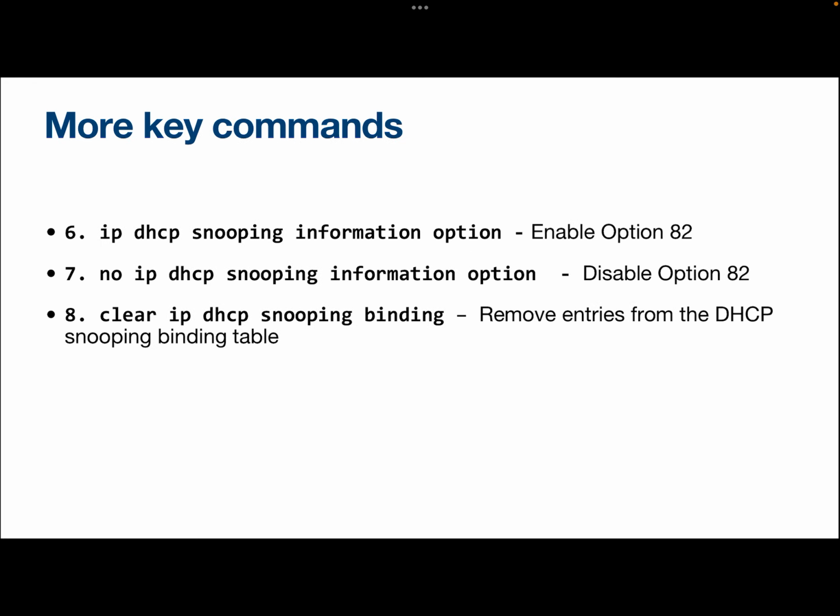Okay, moving on, more key commands. If we want to enable option 82, ip dhcp snooping information option. Well, what is option 82? Option 82 is something we can configure on DHCP relay agents, which are forwarding DHCP messages from our client to our DHCP snooping enabled switch.